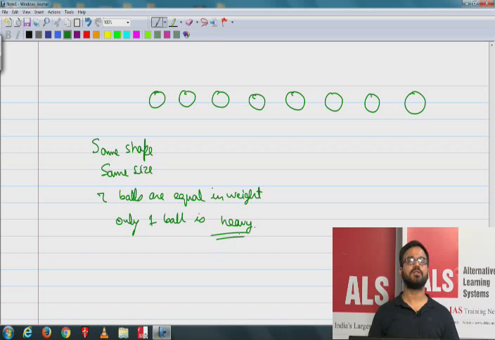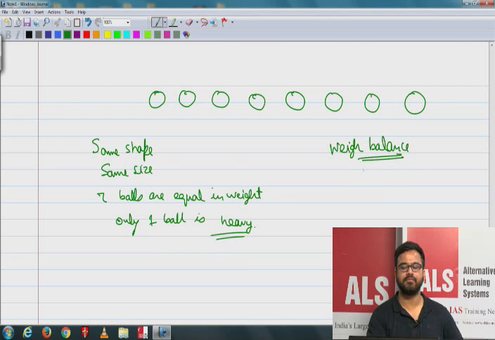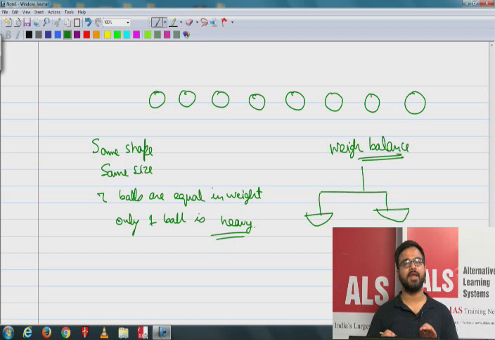Out of these 8 balls, 7 are of the same weight, only one of the balls is the heavy one. You have a weight balance, which has 2 pans, one on this side and one on this side. So using this weight balance, you have to figure out which is the heavier ball out of these.